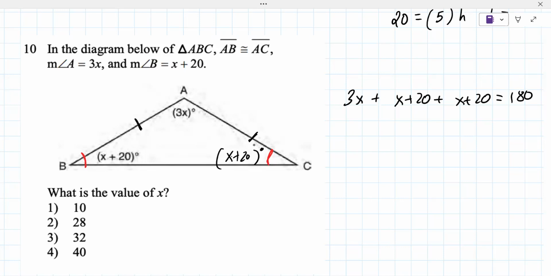I got x equals 28. Okay, seems reasonable to me.